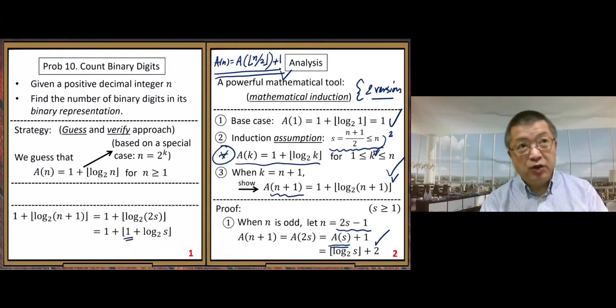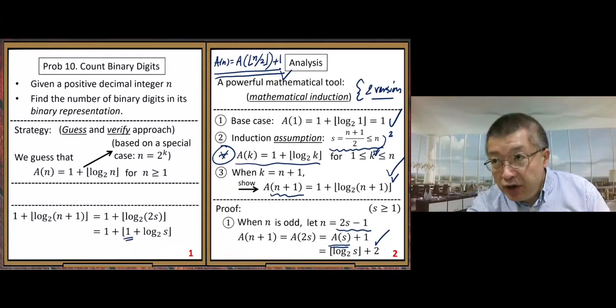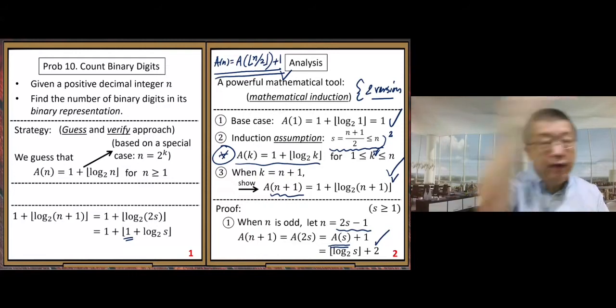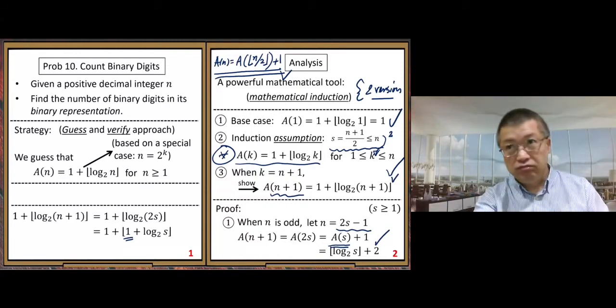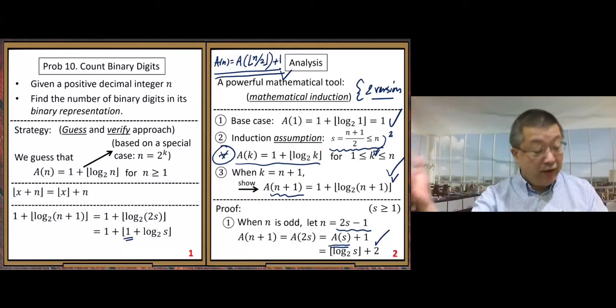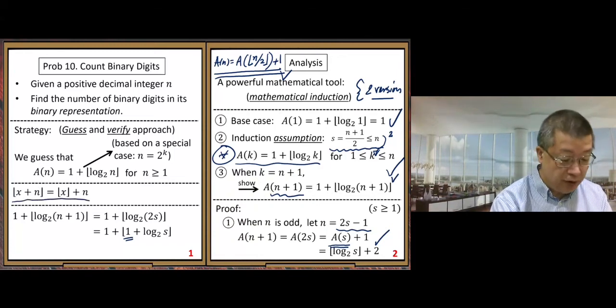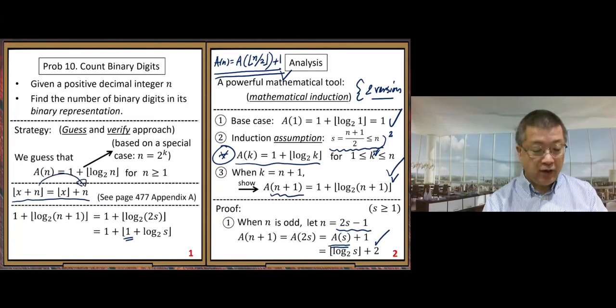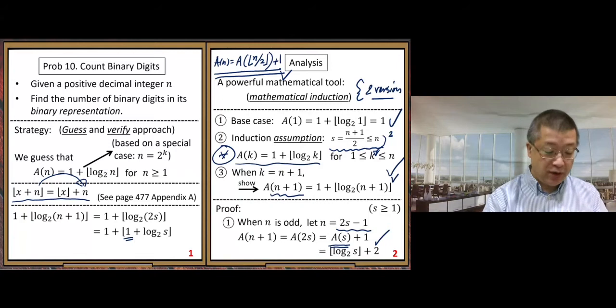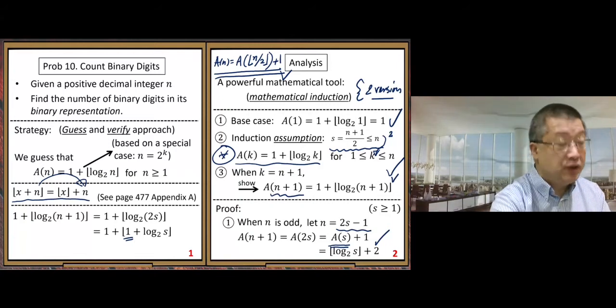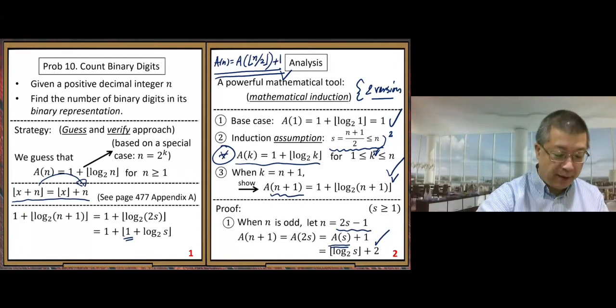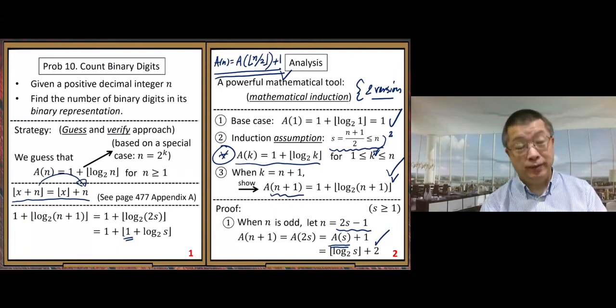Inside that floor function, we can take the integer out of the floor function. For any integer n inside the floor function, we can take it out. This formula is given in the textbook on page 477, Appendix A. A simple formula.